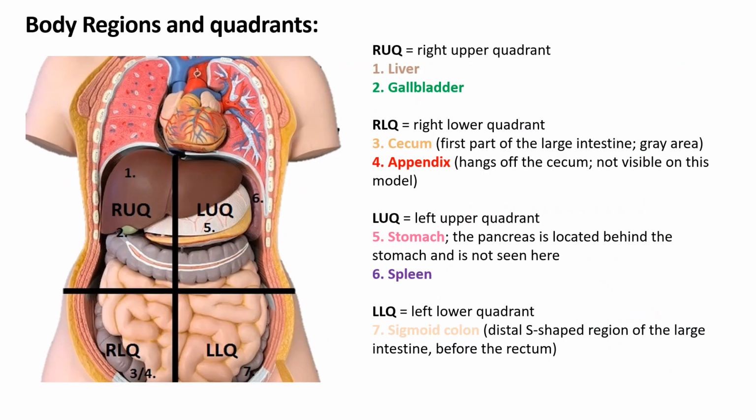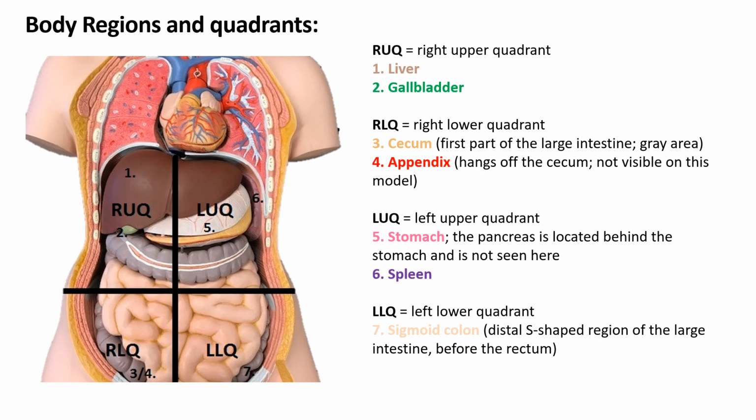Other than being able to recognize the regions of the body just using images, if I told you what is the inferior and right region of the abdomen, you should be able to tell me that it is the iliac region. Also, it's important you know which organs are located in each region, right?